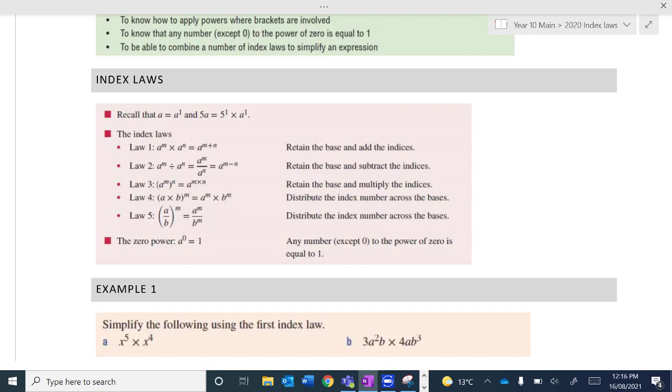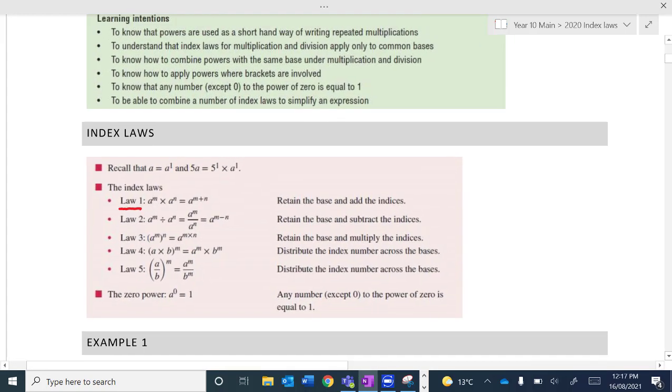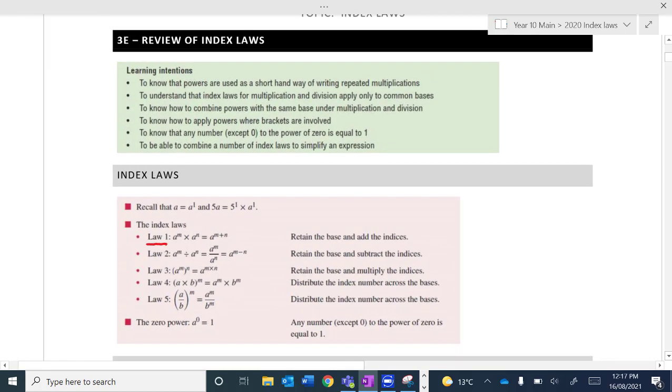In particular, we're looking at the index laws, and law one is when we multiply indices of the same base. In indices we're looking at powers, so we retain the same base.